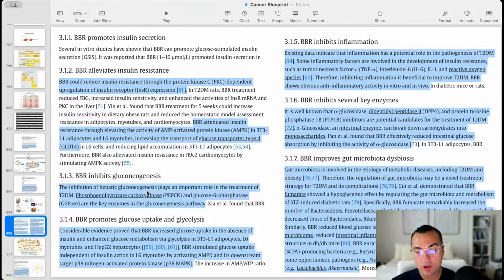Now, if you're hypoglycemic, if your blood sugar is low, then it's actually life-saving, right? That's how glucagon works. But the inhibition of hepatic gluconeogenesis plays an important role in the treatment of diabetes.